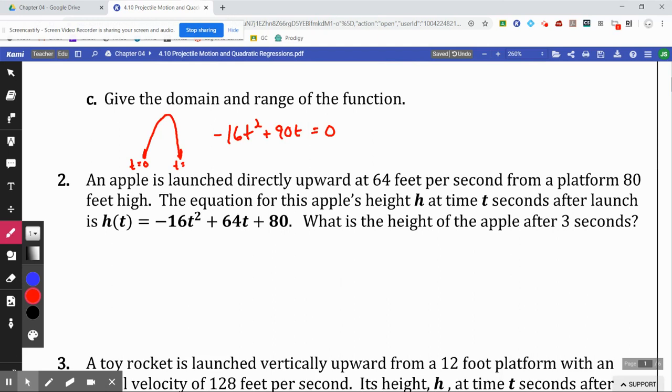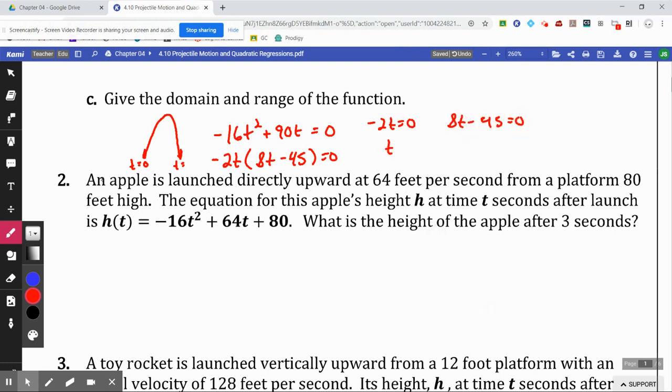This is going to be factorable. I can factor out negative 2 and a t, and I'm left with 8t minus 45 equal to 0. Set each of those factors equal to 0. You have negative 2t is 0 and 8t minus 45 is 0.